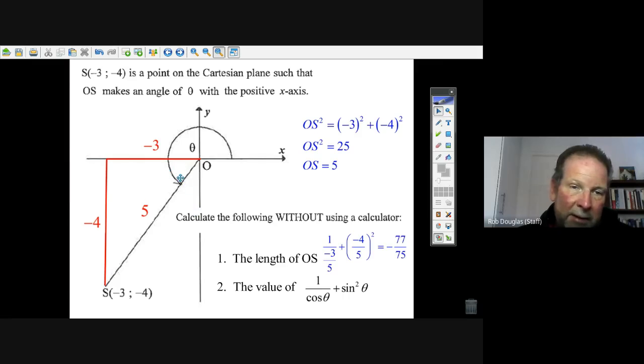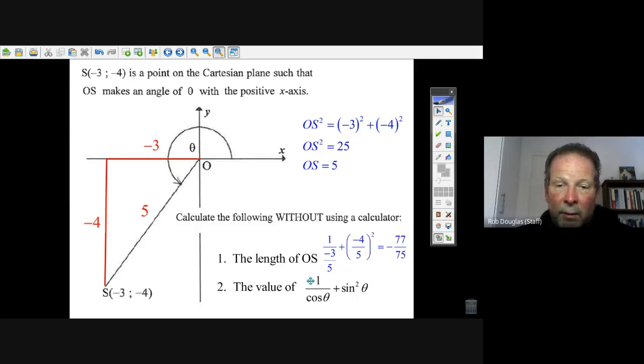Cosine is adjacent over hypotenuse. That's -3 over 5. And then sine is opposite, -4, over the hypotenuse of 5. So -4 over 5 is the sine of the angle.